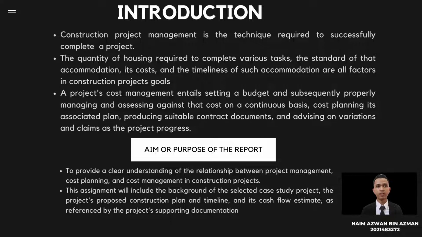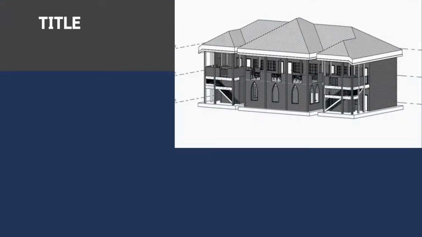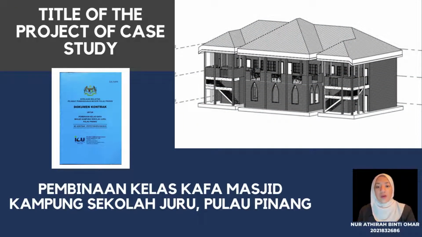These assignments will include the background of the selected case study projects, the project purpose, construction plan and timeline, and its cash flow estimate as referenced by the project supporting documentations. The project that has been selected for our case study is Pembinaan Kelas Kafah Masjid Kampus Sekolah Juru, Pulau Pinang, and I will pass to Nadia to point out the project details.